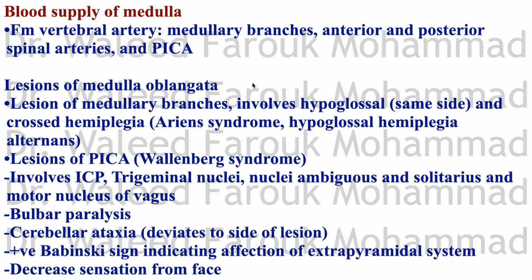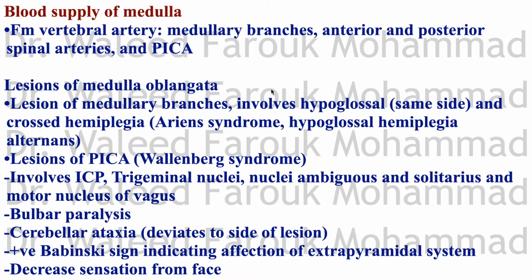Some lesions of the medulla oblongata. Lesion of the medullary branches that come off the vertebral artery involve the hypoglossal nerve, so ipsilateral involvement of the hypoglossal nerve means half of the tongue at the side of the lesion is involved. And crossed hemiplegia because of involvement of the pyramid.